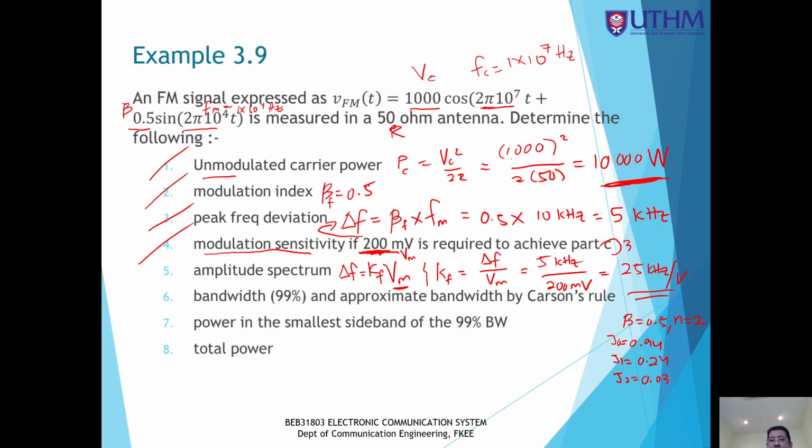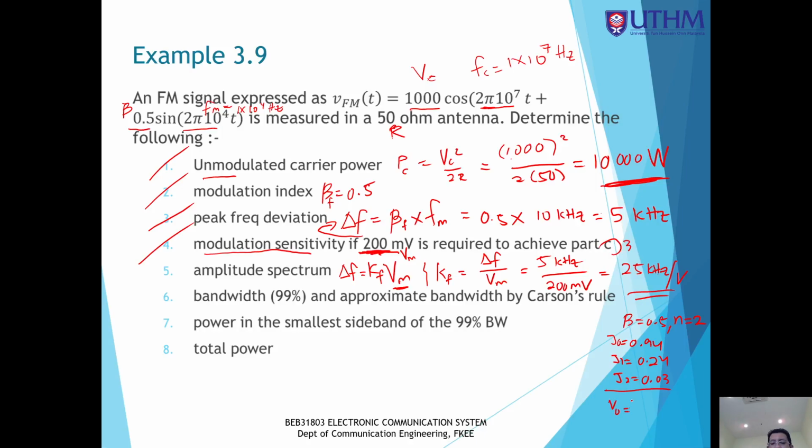In order to find the amplitude, first you need to find V0. V0 is equal to J0 multiplied with Vc.